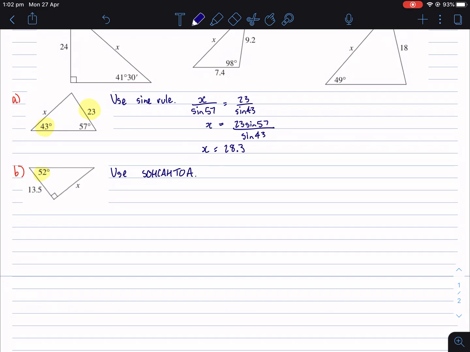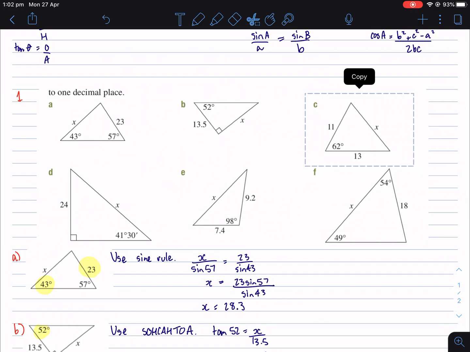So that angle, we've got the opposite, we've got the adjacent, so we're going to use tan 52 equals x over 13.5. So x equals 13.5 tan 52. So x is 17.3.